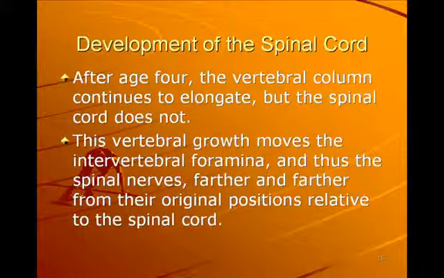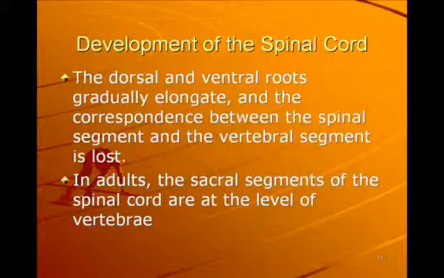There's a gap because the cord stops at about L1, L2, but the column continues to extend, so there's a space that does not have cord. Now, it does have the nerve fibers that will extend down from the inferior portion of the spinal cord, but there's no true spinal cord below L1 or L2.